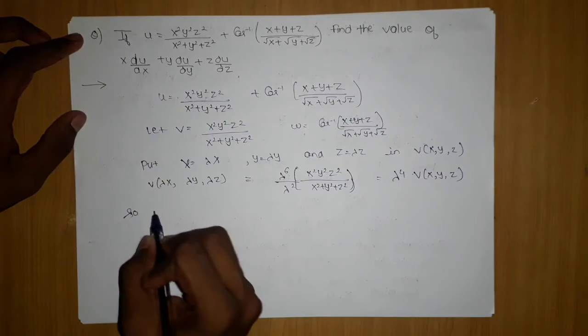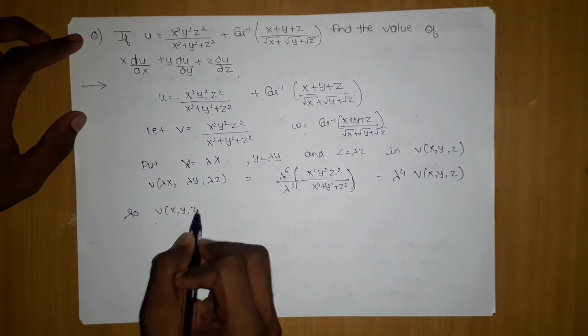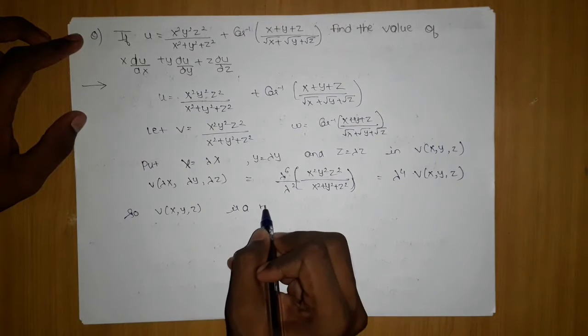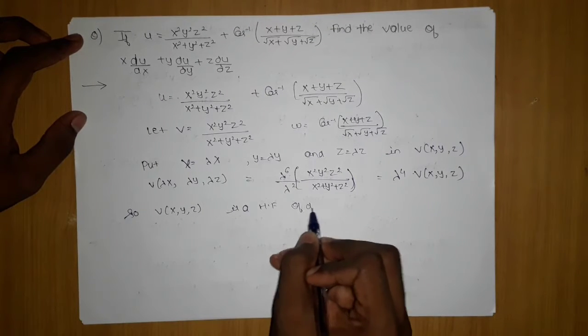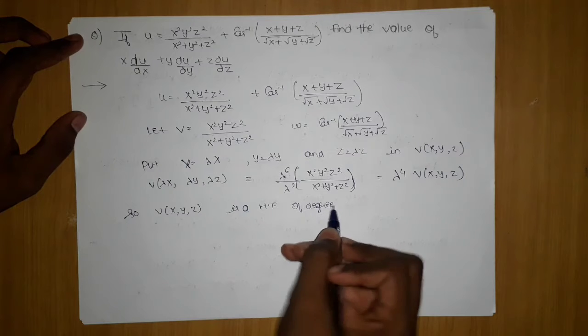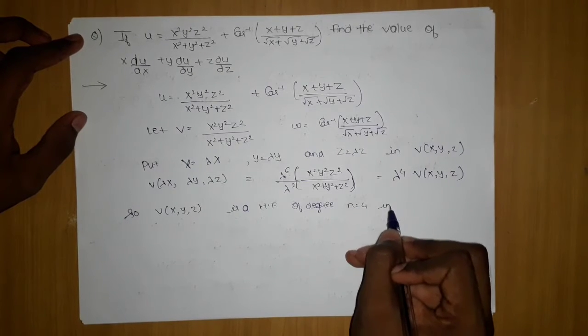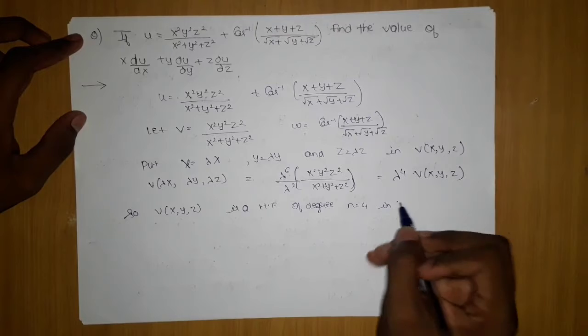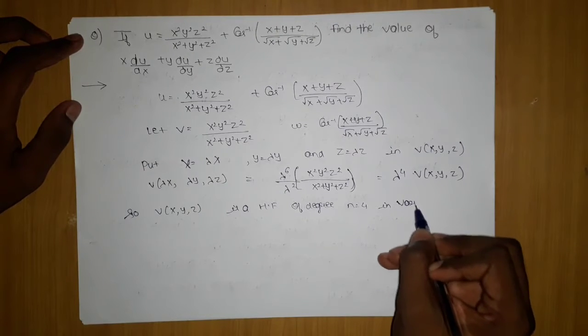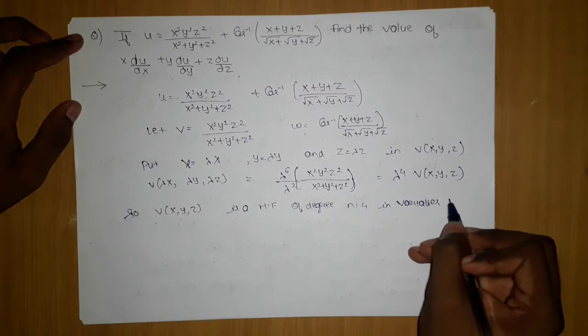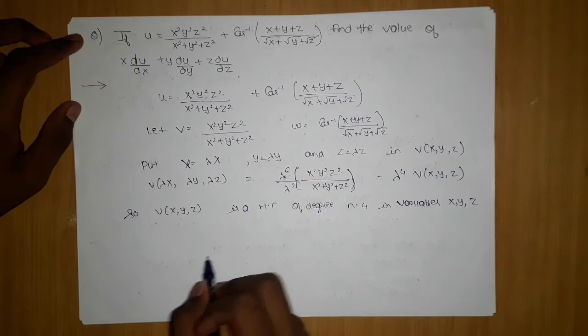So v of x y z is a homogeneous function of degree n equals 4 in variables x, y, z.